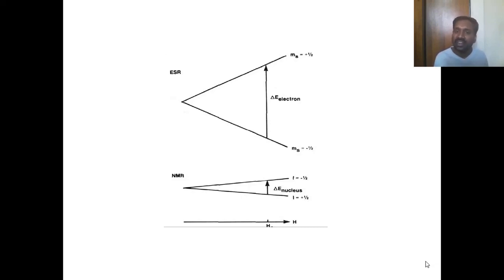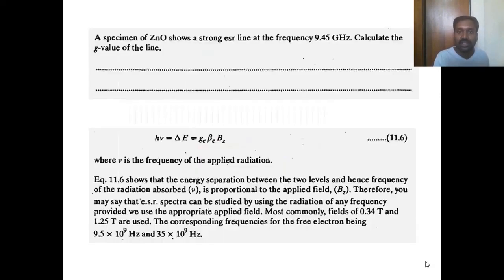Also, the frequency of absorption, or the position of the line in the spectrum, gets shifted. We are going to study such systems in our next presentation, starting with a simple hydrogen atom, where a single electron is under the influence of a nucleus with I equal to half. Let us see what happens to the ESR spectrum of a hydrogen atom.